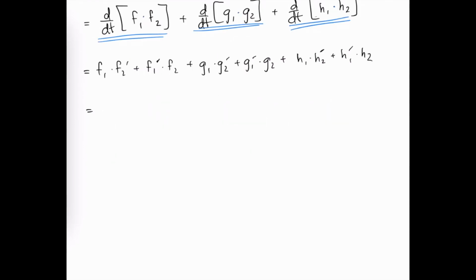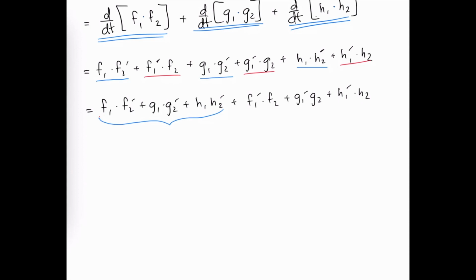Now, let's rearrange these terms just a bit. So let's look at the f1, f2 prime term and get that together with the g1, g2 prime and the h1, h2 prime terms. We're just going to gather these together, f1, f2 prime plus g1, g2 prime plus h1, h2 prime, and then we'll add that to f1 prime, f2, g1 prime, g2, h1 prime, h2.